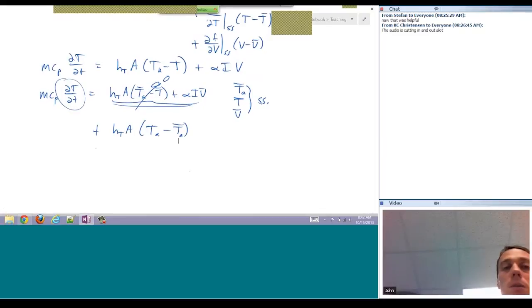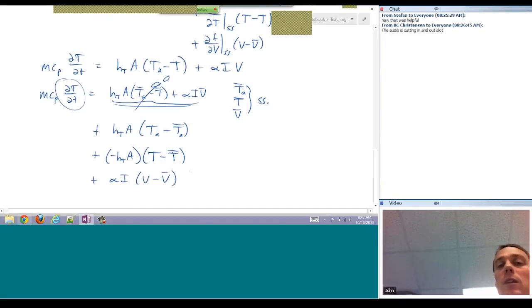Let me do the next one now. We do plus, and this is going to be a negative hA, times T minus T bar. And let me do the third one, and that's just going to be alpha I times V minus V bar.